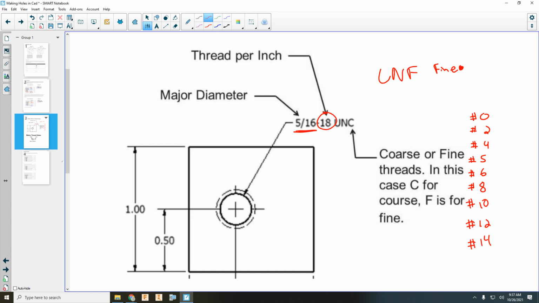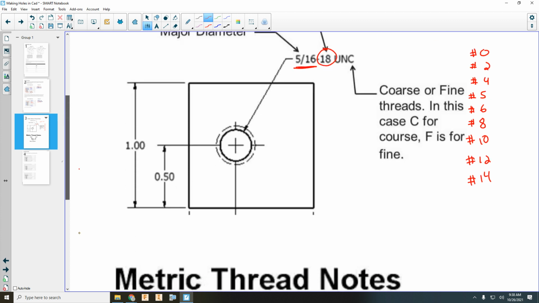I know 1/4-20, you can have a 28 or 32 threads per inch if it's fine threads. Coarse threads are the most common, and that's what we have with our hardware for the Trammel. You will see thread notes on the end of course exam.